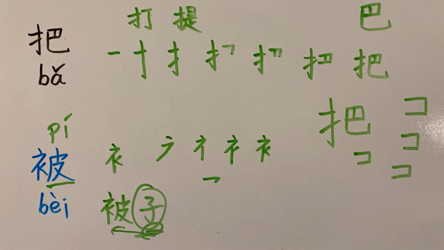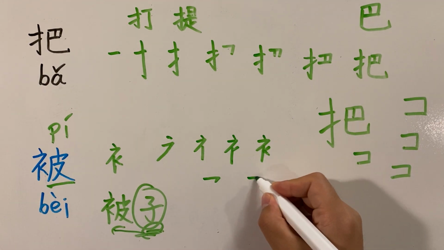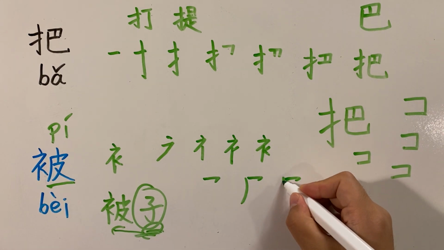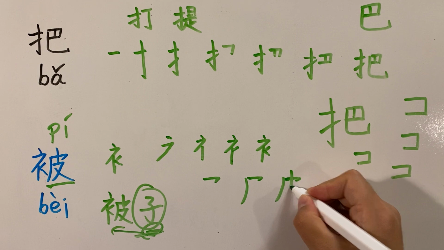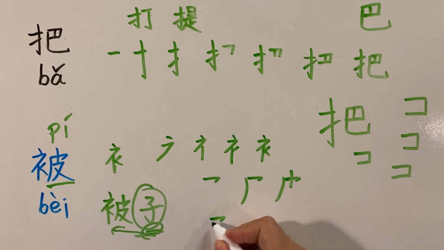First stroke, there's a little hook. And the second, third, vertical. Next.